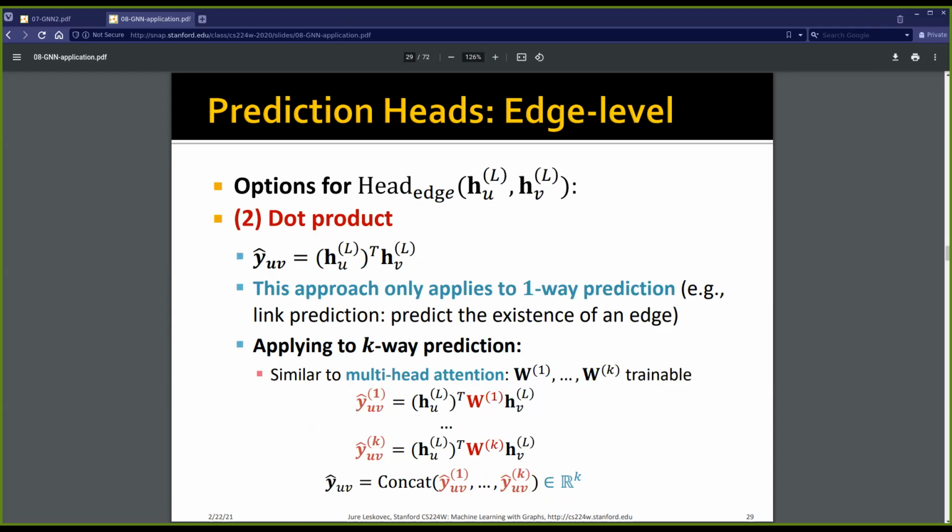We can also use the dot product of the corresponding node embeddings, but in this case, we will have only one value for that edge. So if we want to apply it to a k-way prediction, then we need to do something similar to multi-head attention. Instead of computing the product like this, we also use some additional matrices to get different values. And then we concatenate them to get a k-dimensional vector.